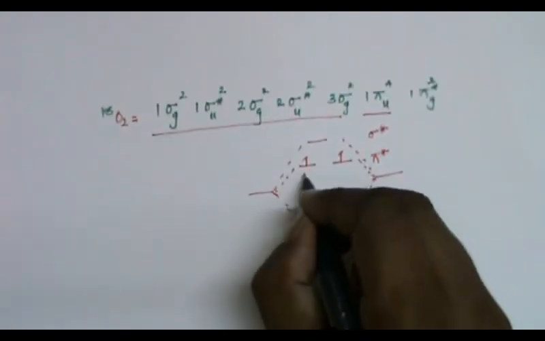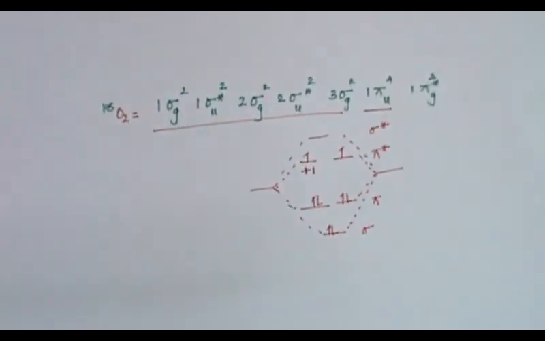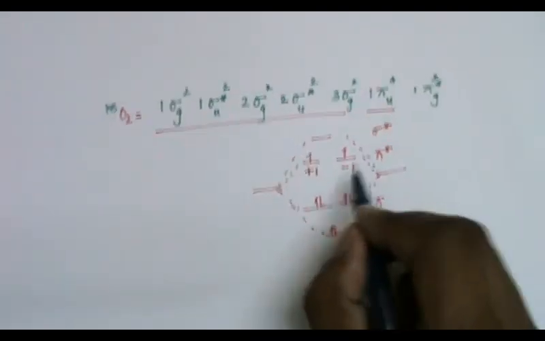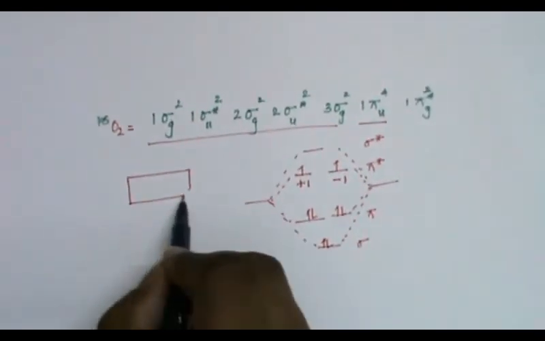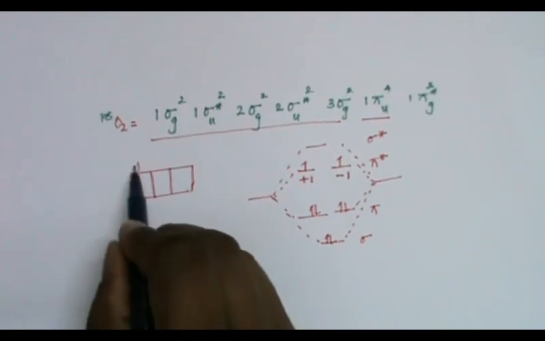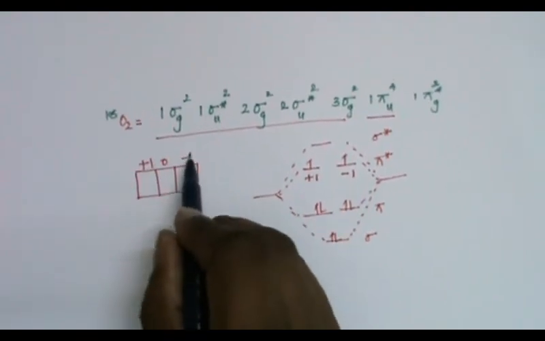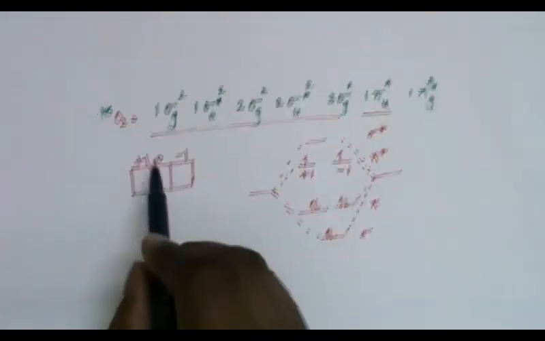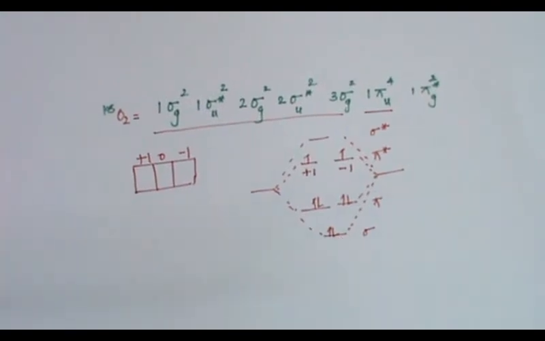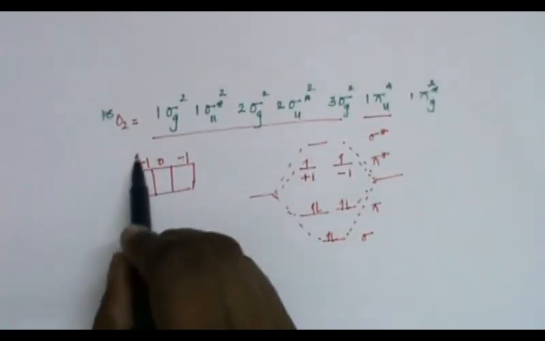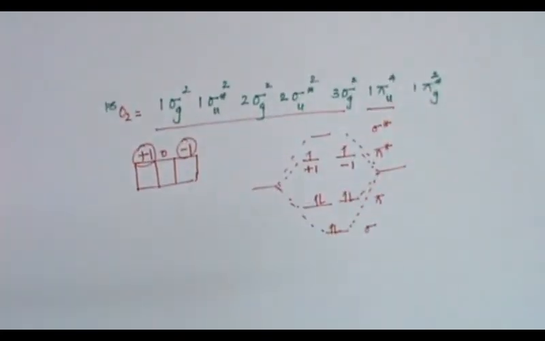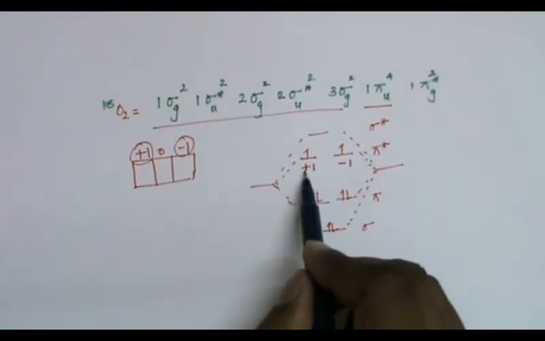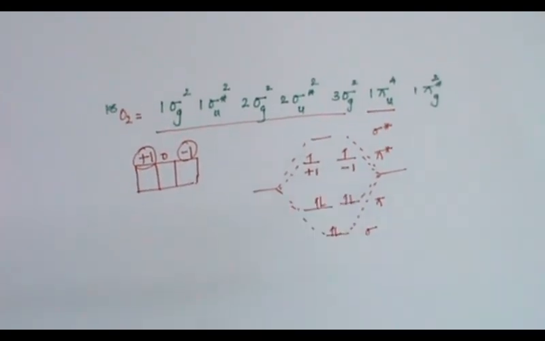In this, one will get plus 1, another one will get minus 1. You may know for p orbitals we give plus 1, 0, minus 1. The 0 value we have already given for sigma orbital. So we have plus 1 and minus 1. I give that value here. For sigma star it is 0. So plus 1 and minus 1 for these 2 orbitals.